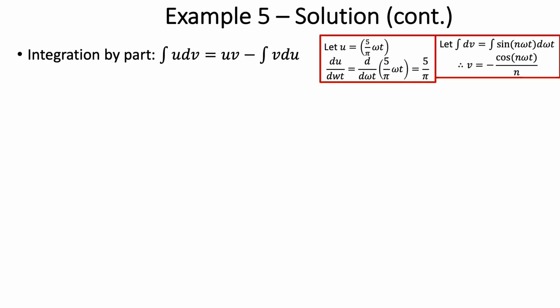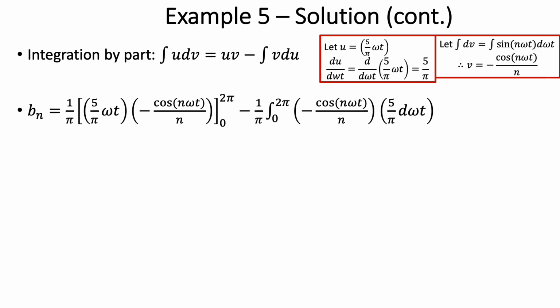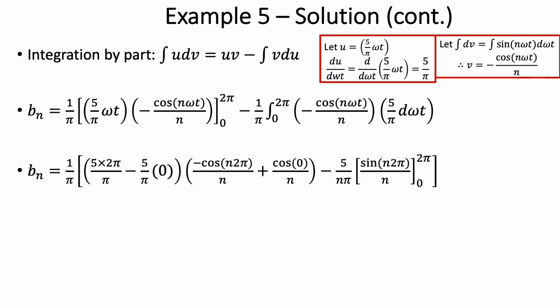Let us proceed with the integration by parts to calculate Bn. And we have Bn equals 1 over pi times 5 over pi omega t times minus cos n omega t over n for 0 to 2 pi minus 1 over pi integral of 0 to 2 pi minus cos n omega t over n times 5 over pi d omega t.